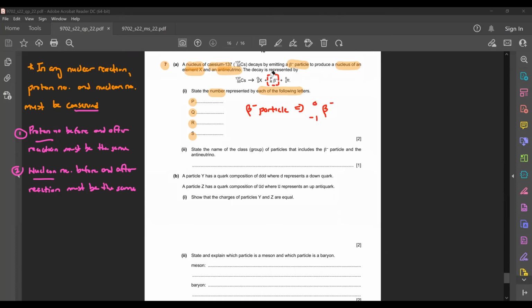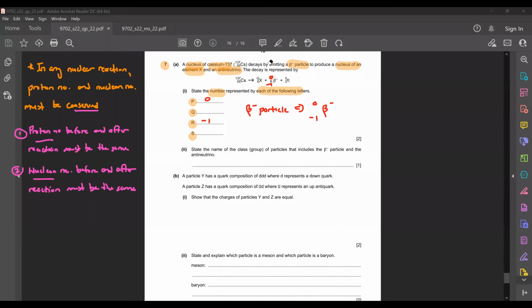So right now, we already know what P and R are. P would be 0, and R would be -1. So from here, we can work out the rest of the numbers for the other letters. This one is 0, this one is -1.